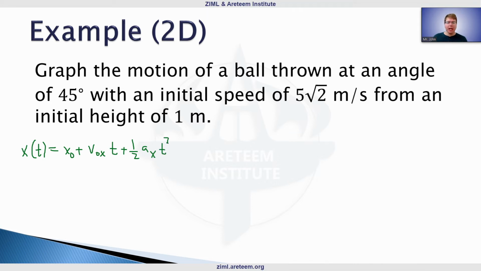Now, right off the bat, let's make a couple of comments in this scenario. So first of all, is there an initial position in the x direction, right? Well, if we're throwing this ball or something, we're saying it's thrown from an initial height, so a person might be standing or things like that there. But we could say the x position is nothing. So let's just get rid of that right away.